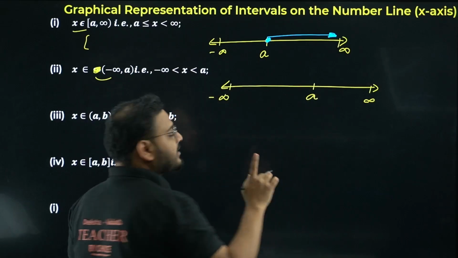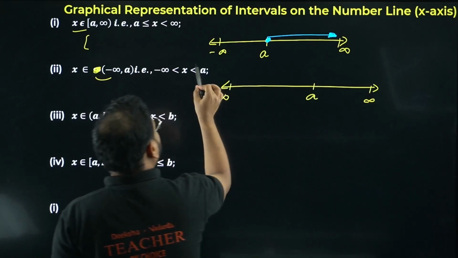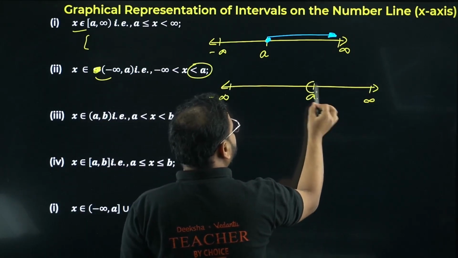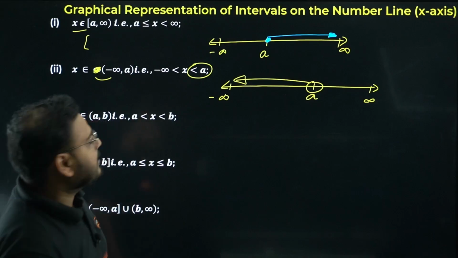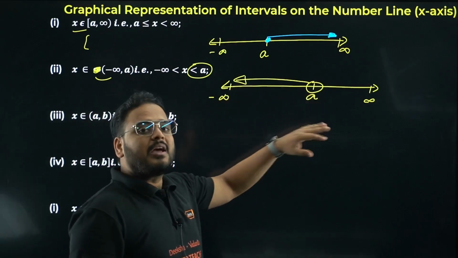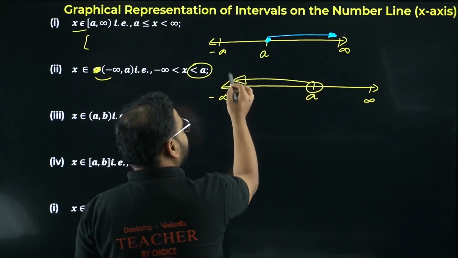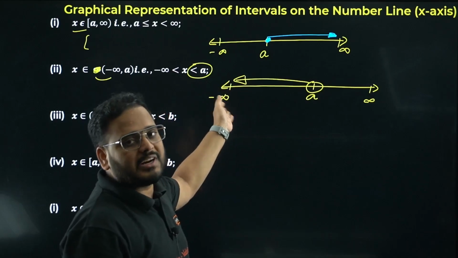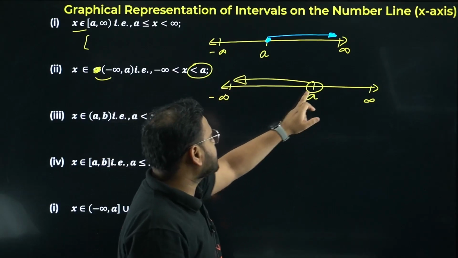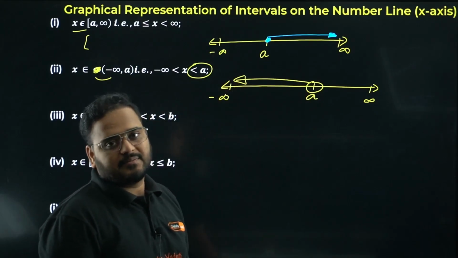In this case we're talking about negative infinity to a, so we'll put an open circle at a and go towards negative infinity. Why can't we start the arrow from a point over there? You can't do that, because there's no definite point of negative infinity. So the arrow has to point from the open a towards negative infinity. I hope this is clear.